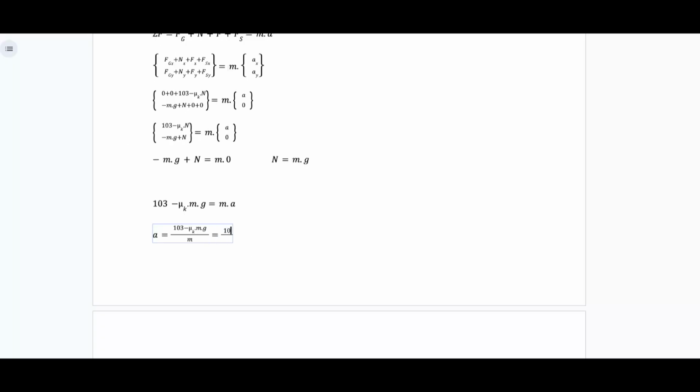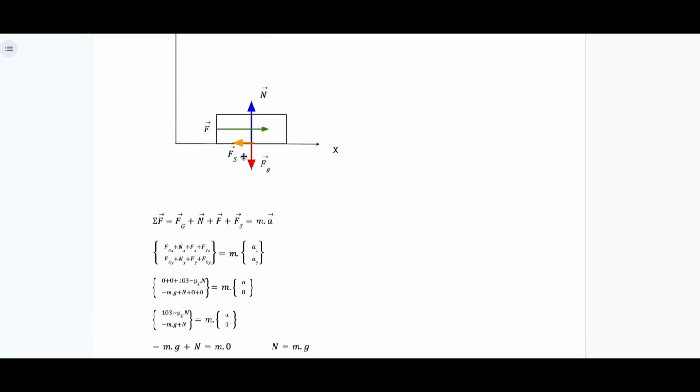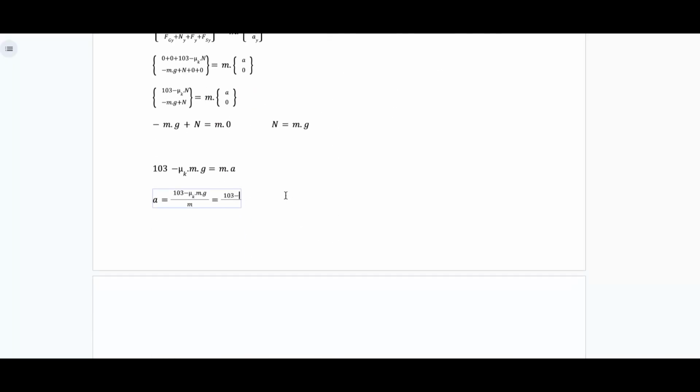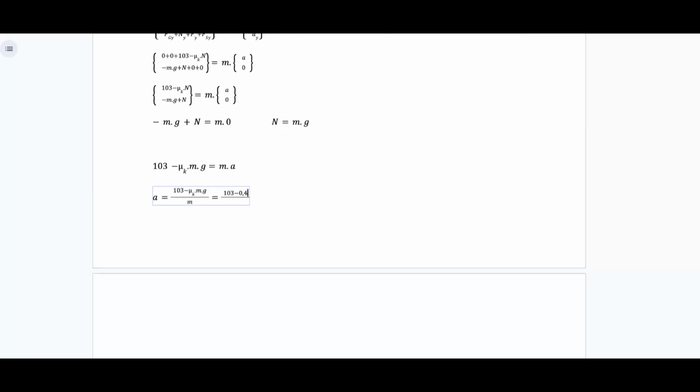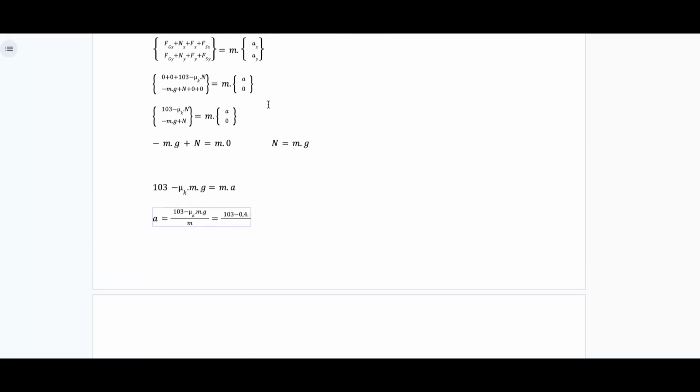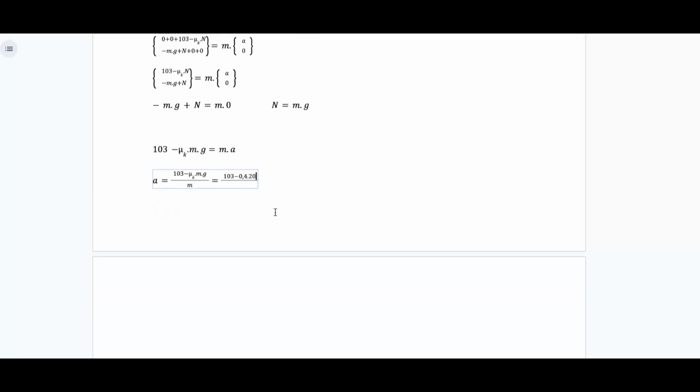It's 103 minus mu, which was 0.4, times mass, which was 20, and gravitational acceleration 9.81, and here the mass is 20.